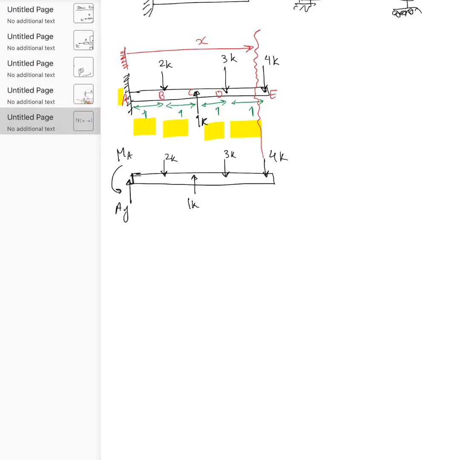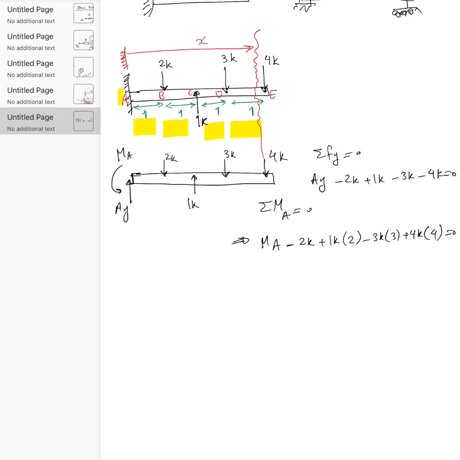So I write summation of force in Y equals 0, that gives me AY minus 2K plus 1K minus 3K minus 4K is equal to 0, and summation of moment about point A, the wall, is 0. That's going to give me MA, negative 2K times 1 plus 1K times 2 negative 3K times 3 plus 4K times 4 is equal to 0.